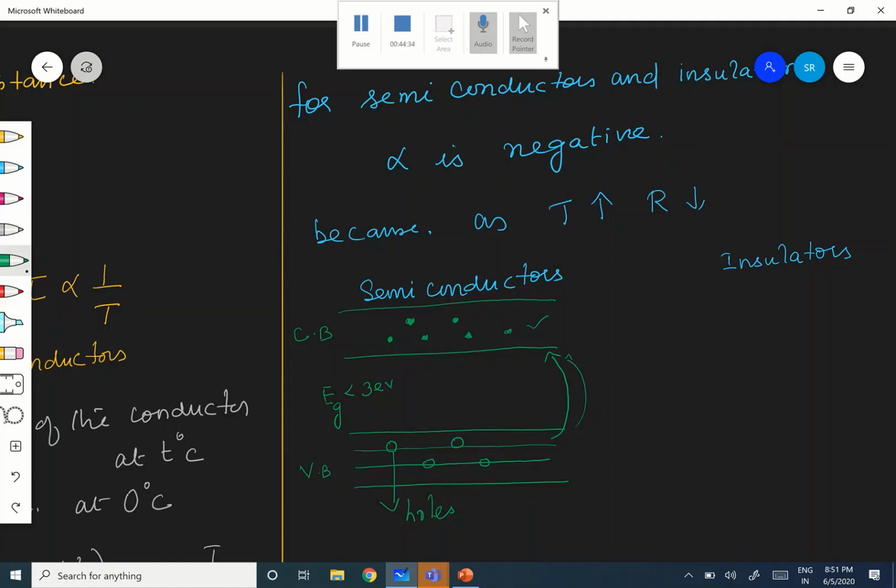Why? Because even at room temperature they have thermal energy, and because of this thermal energy they are able to overcome the energy gap and jump from the valence band to the conduction band.